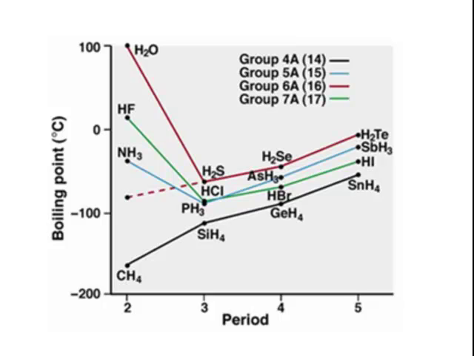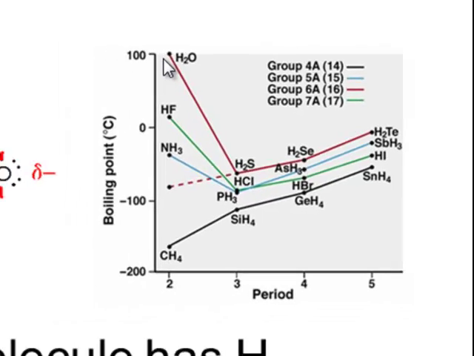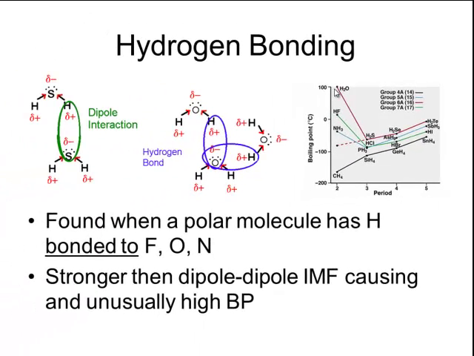The same should be true for the molecules that are made from atoms in groups 5, 6, and 7. But you'll notice the first boiling points are a lot higher than would be expected. We would expect water to lie somewhere in here, but the boiling point for water is significantly higher. That higher boiling point is due to the presence of the hydrogen bonding between the water molecules.